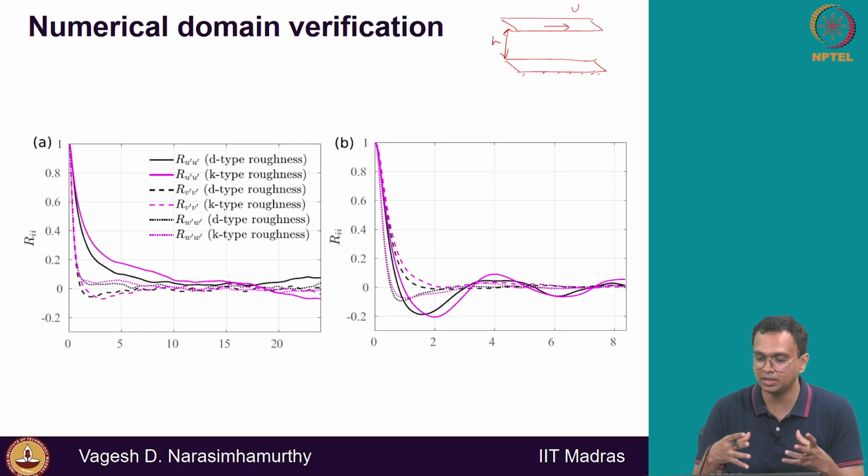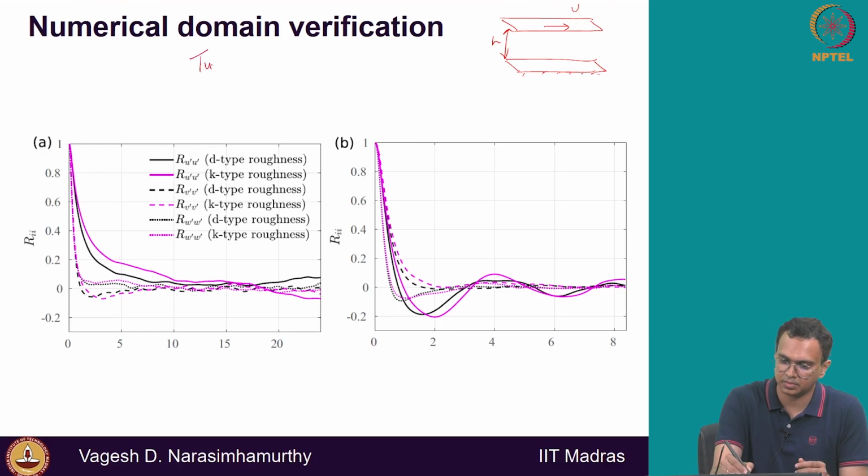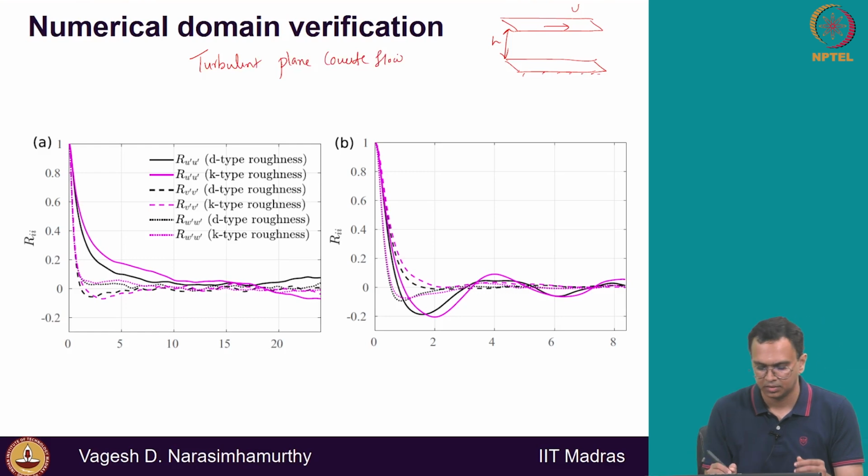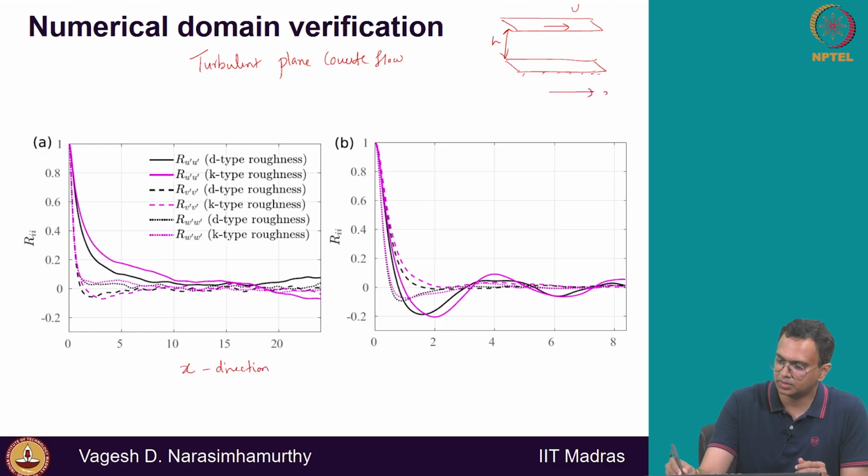The largest eddy depends on the type of flow. So in a turbulent plane Couette flow, for example, this is the x direction, and let's call this y, and the out-of-plane direction is z.